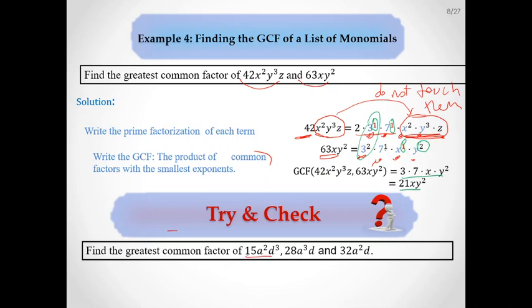Now I will try. This one is 3 times 5 times a squared d cubed. And this one gives us 2 squared times 7 times a cubed d. And this one gives 2 to the 5th, because 32 is the 5th power of 2.